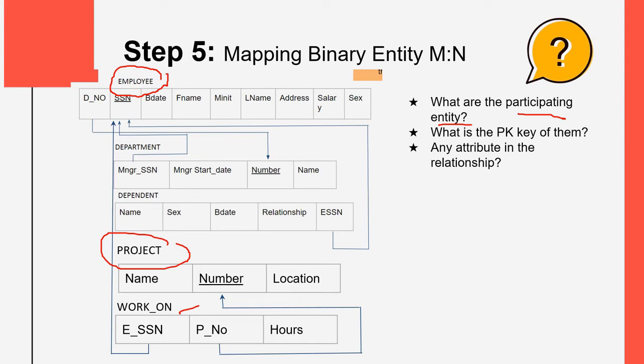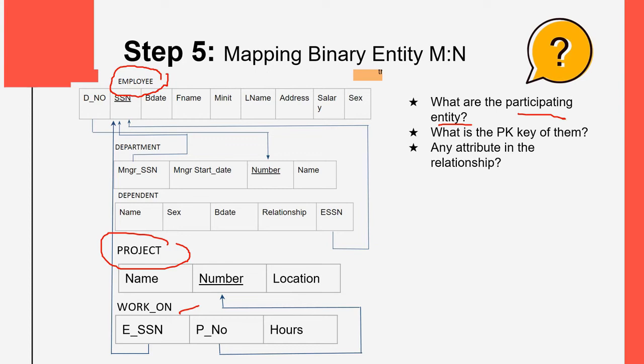Remember, this ESSN must be unique. ESSN is referring to the primary key. Then for the other corresponding entity, project: what is the primary key of project?